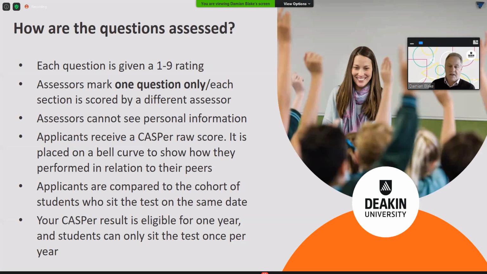And that's how the CASPer test is used to determine which people have the appropriate characteristics that are most suitable for teaching. It also explains why it's done in cohorts and in batches, because you don't do it as an individual. It's done as a group each time.